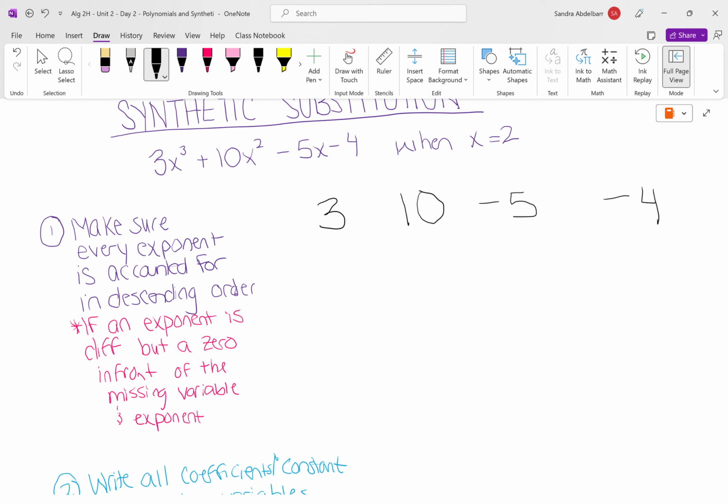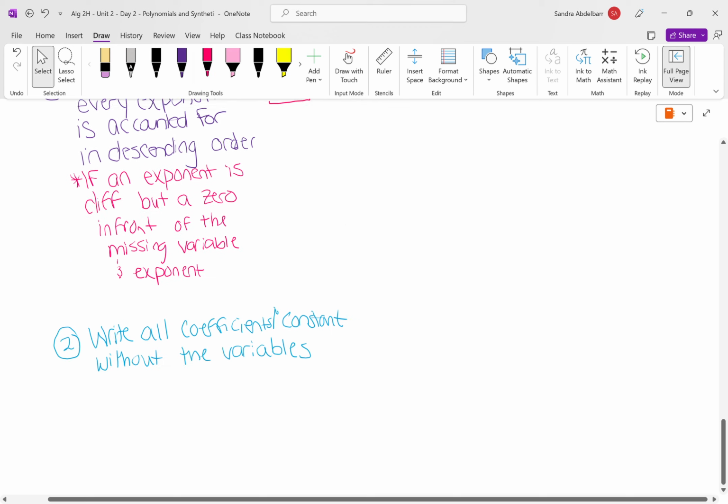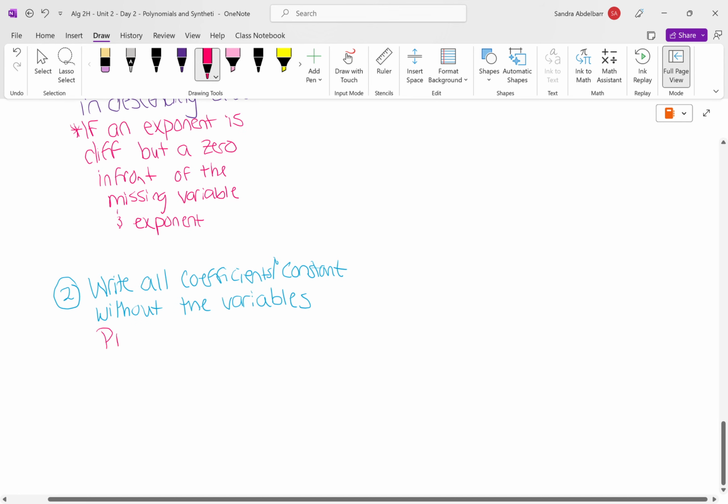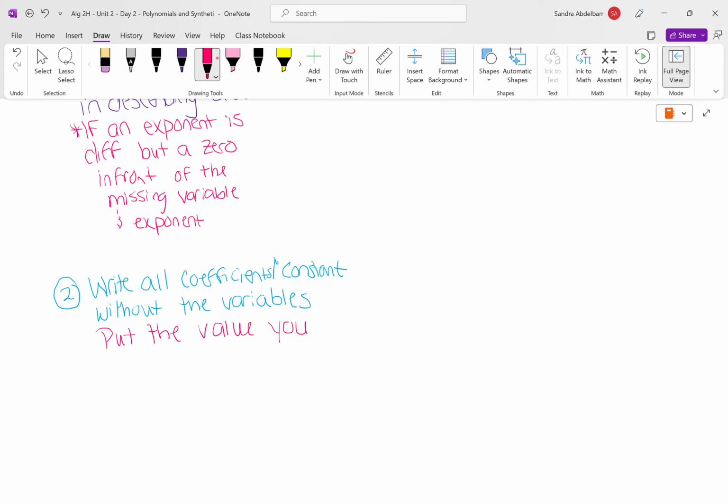And then negative 4. 3, 10, negative 5, negative 4. The number we're going to substitute in is going to go in a box. So we're going to substitute in 2, right? So I'm going to put 2 in a little L-shaped box. Put the value you will sub in as an L-shaped box.